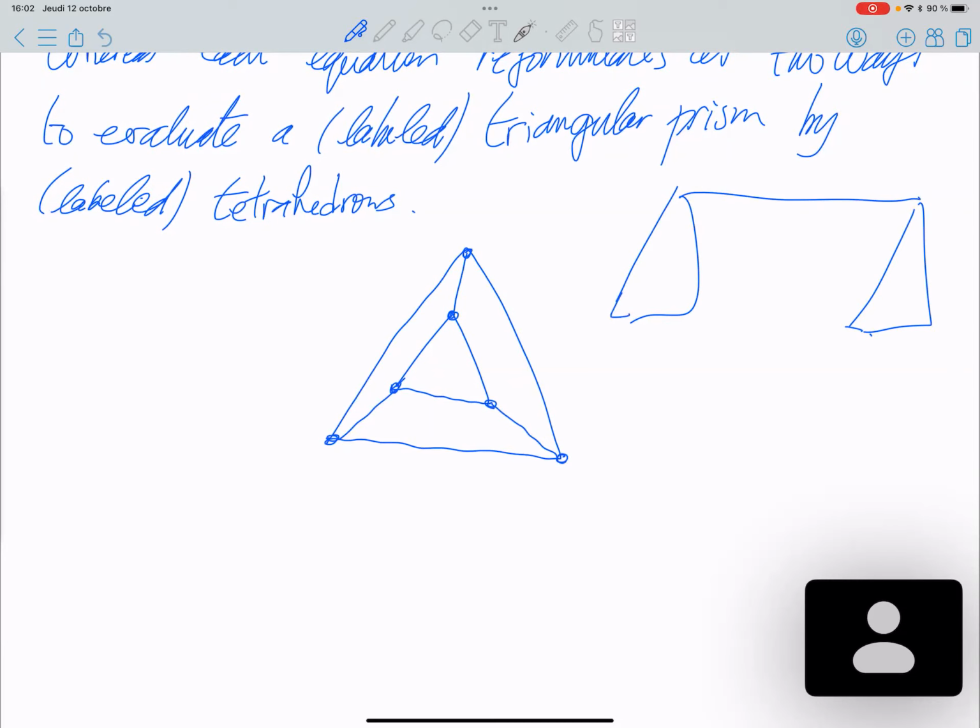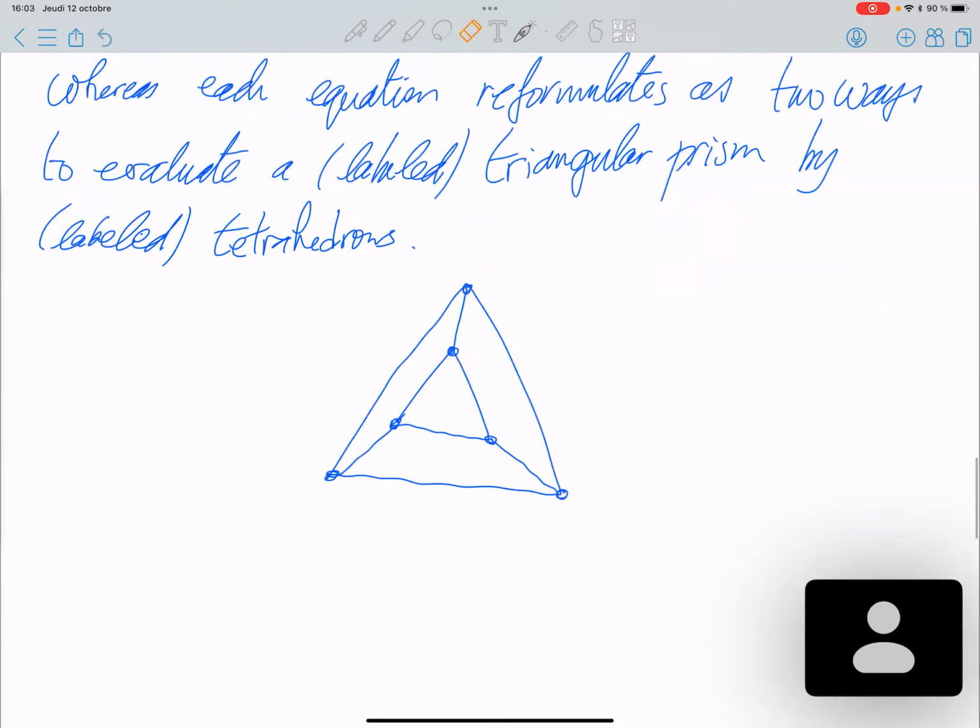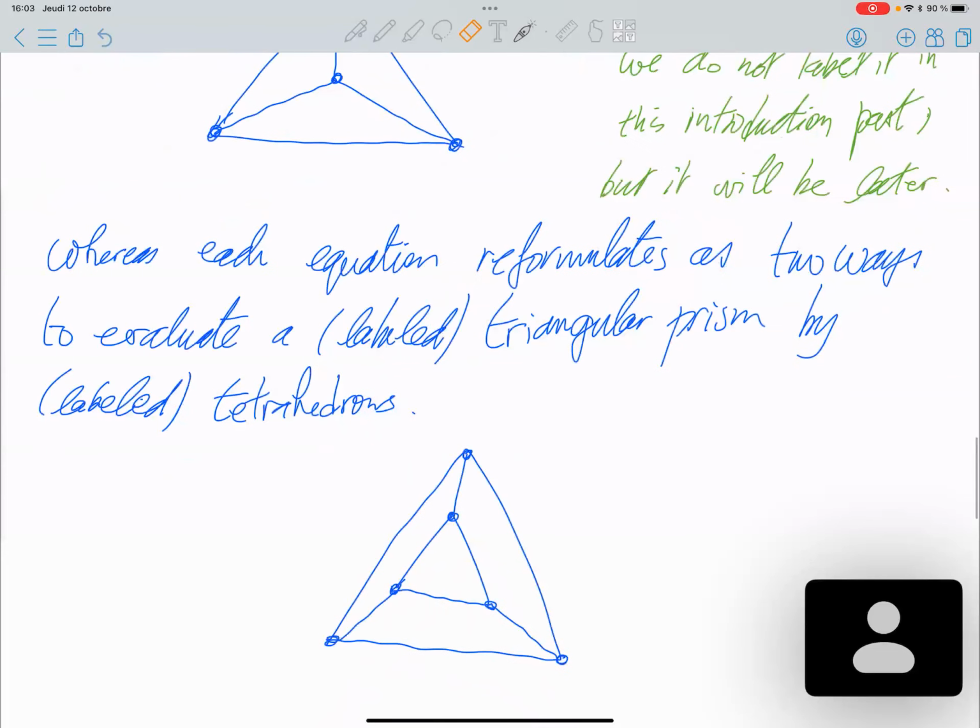So this one will go there, like that and like that. So you have a cylinder whose slice is a triangle. So you can visualize it like that, as this graph. And so this is the triangular prism.